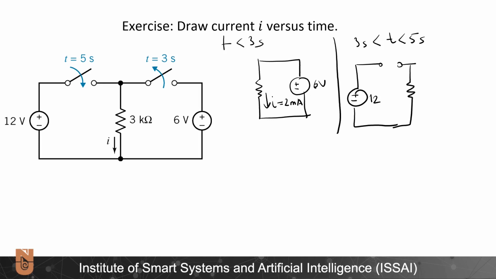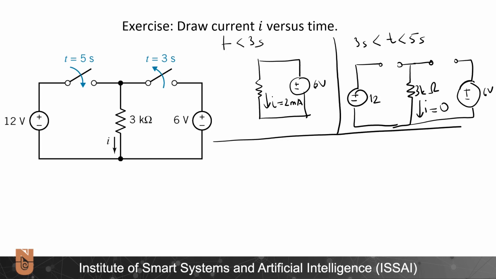I have 3 kilo ohms and current I flowing through that, whatever that current might be. And this part is also open, connected to the 6 volt source. So no current can flow on the left side. No current can flow from the 6 volt source. So in other words, I will be equal to 0.